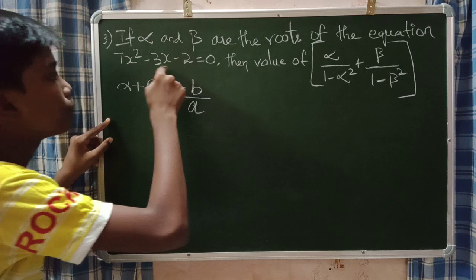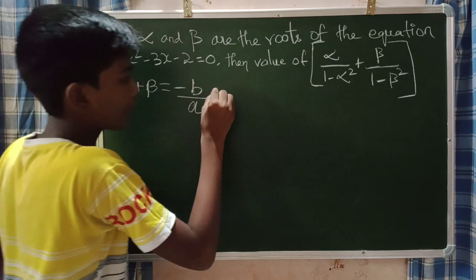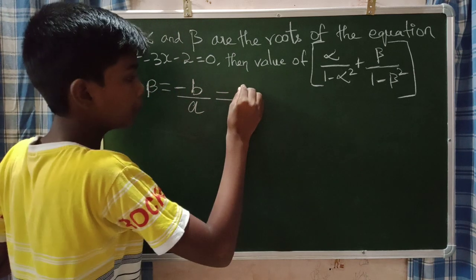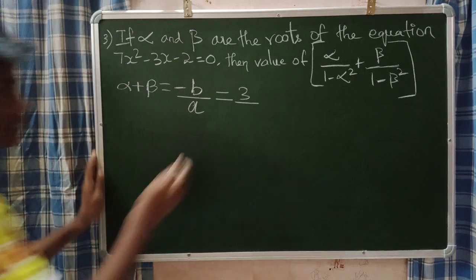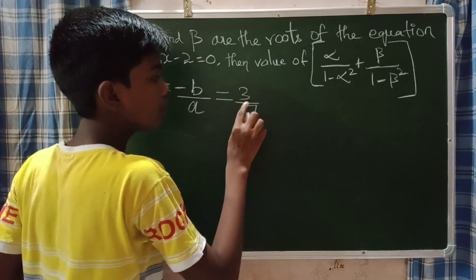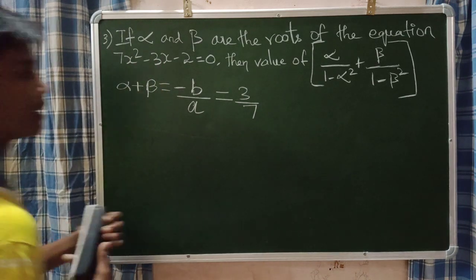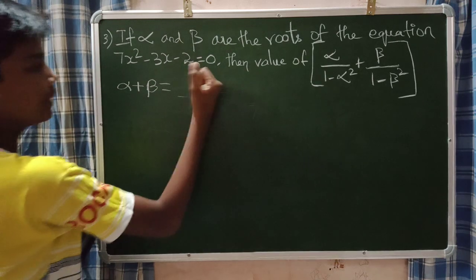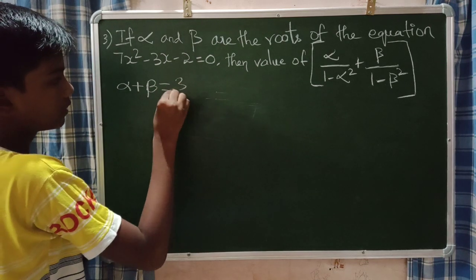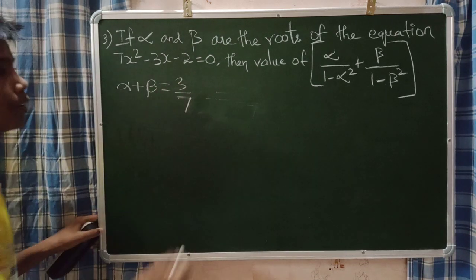So what is my b here? That is minus 3. So minus b by a will be equal to 3 divided by a, that is 7 here. This is the sum of the roots, so I will write here that the sum of the roots is 3 by 7. Now tell me, guys, what will be the product of the roots?